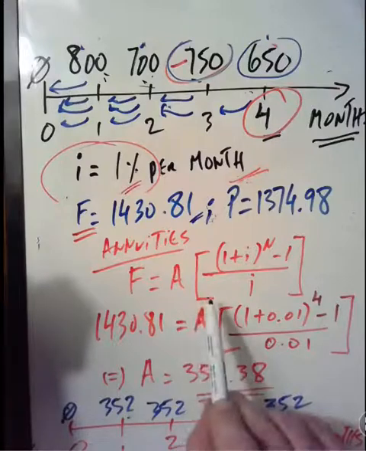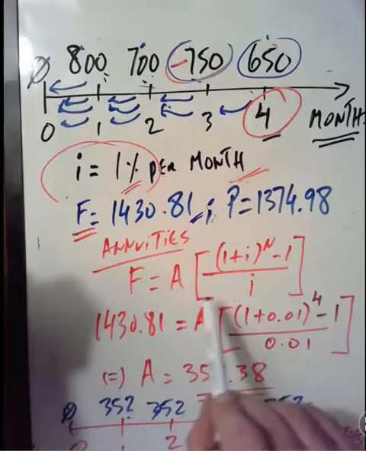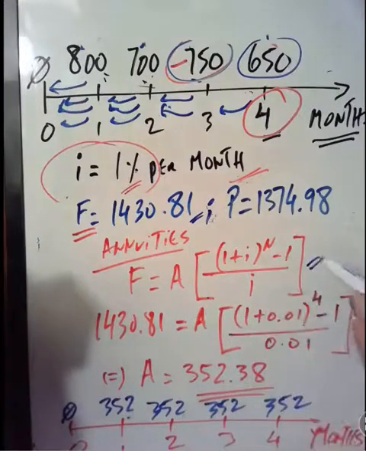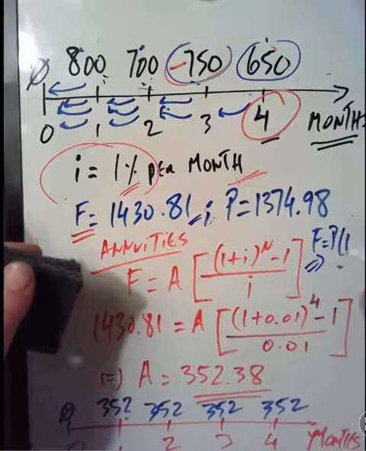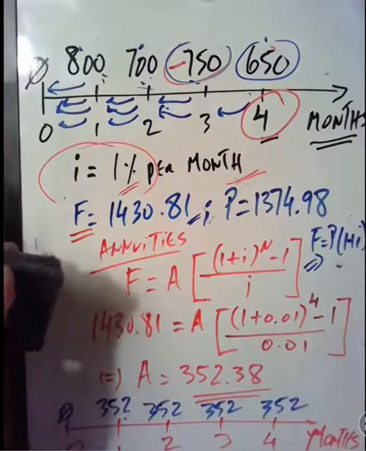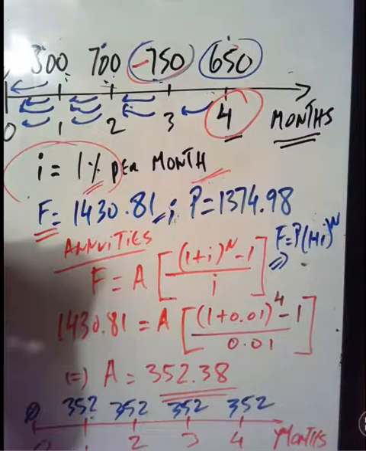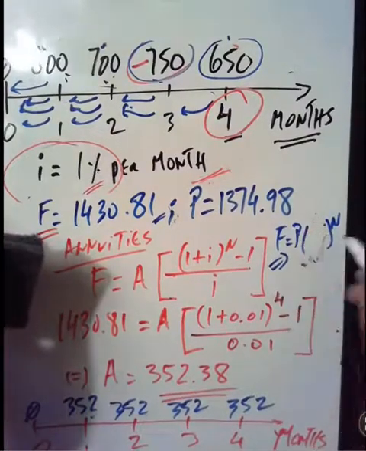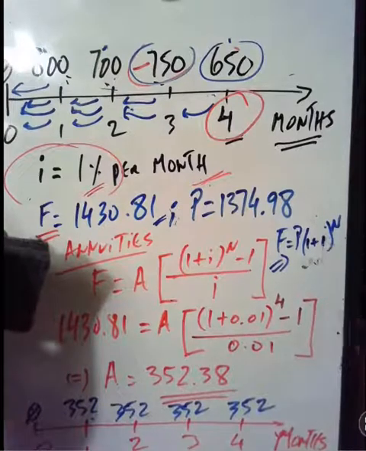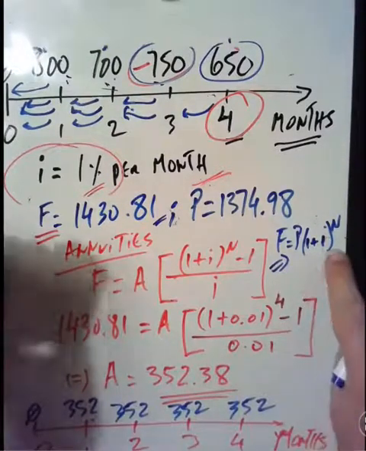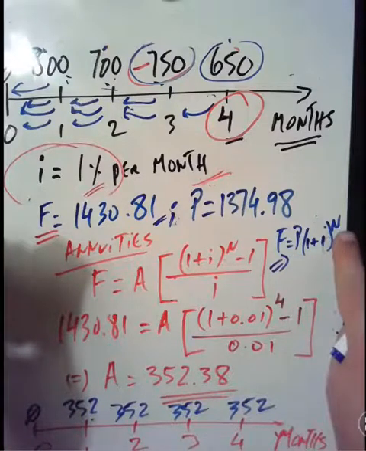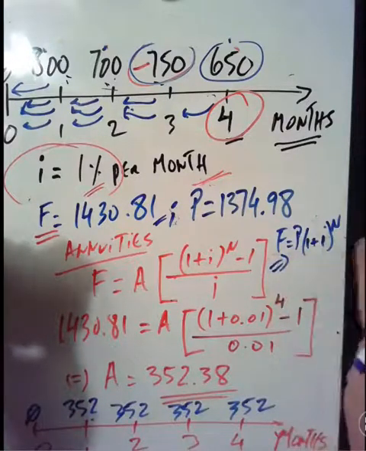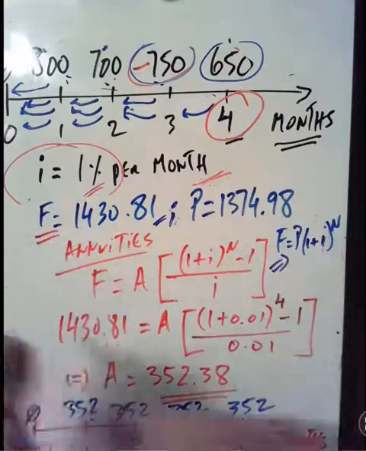Which is basically an approximation of a finite series using the mother of all formulas. This comes from the mother of all formulas, 1 plus i. Having a finite series up to n of the summation of future values, it reduces to this formula.